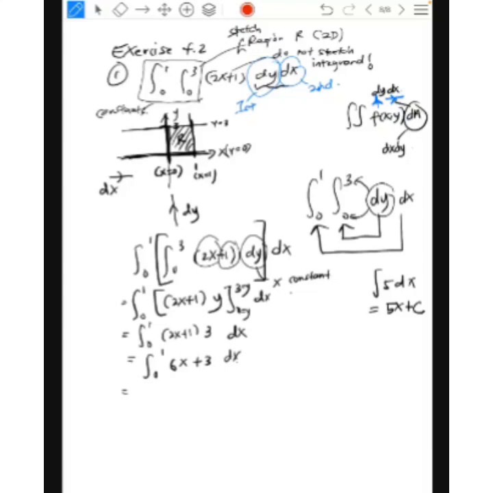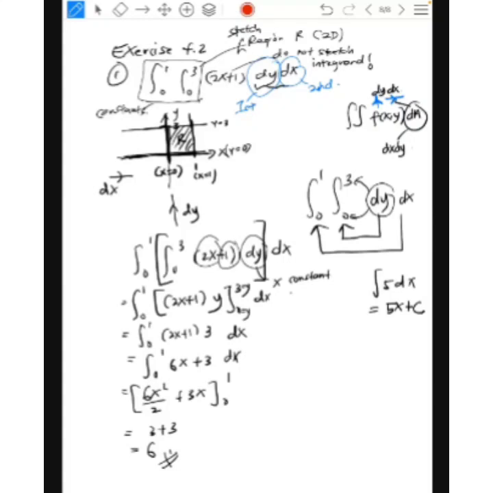And then you can integrate with respect to x now. So 6x squared over 2 plus 3x, from 0 to 1. So you get 3 plus 3, minus 0. So you get the answer equals 6.